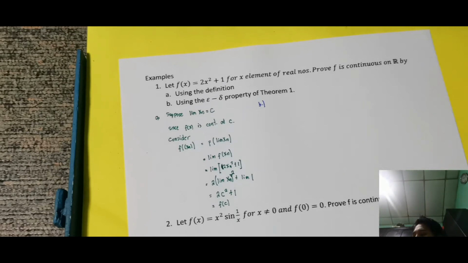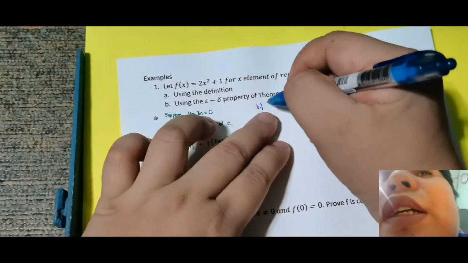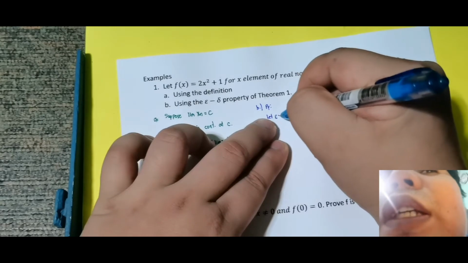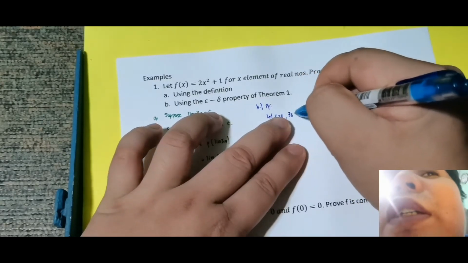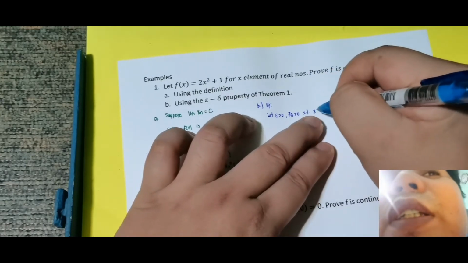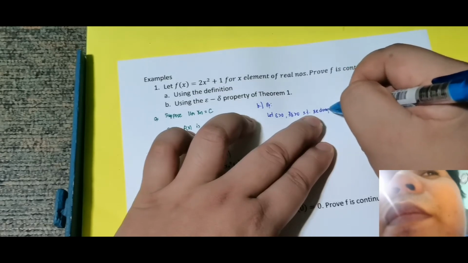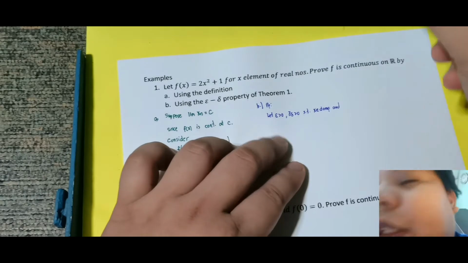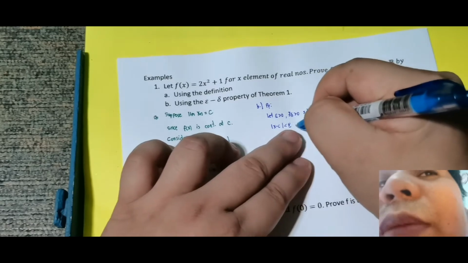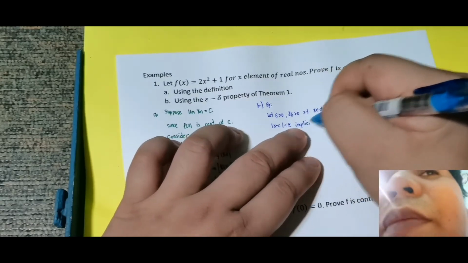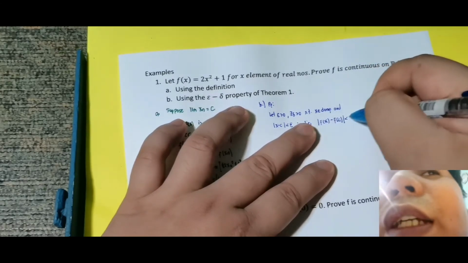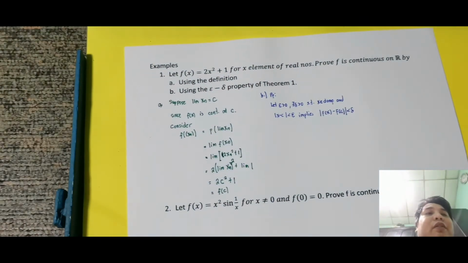So there exists delta greater than 0 such that x is an element of the domain of f and the absolute value of x minus c is less than delta implies the absolute value of f of x minus f of c is less than epsilon.